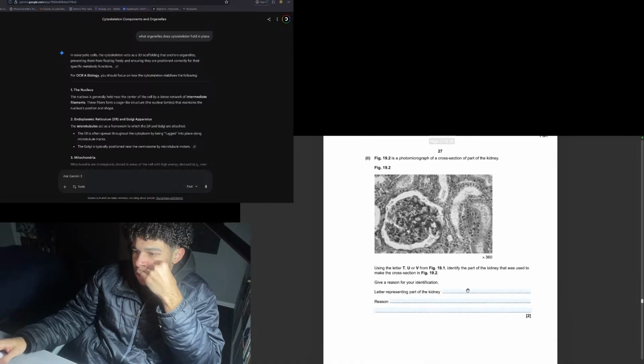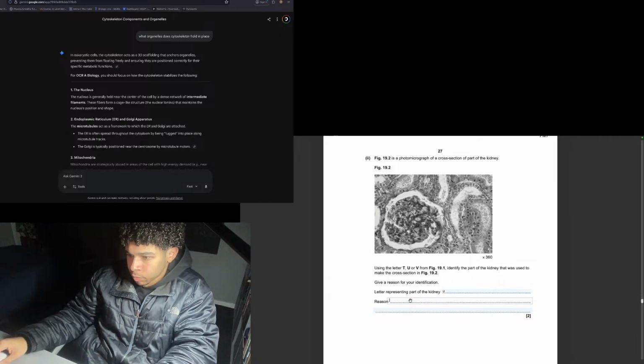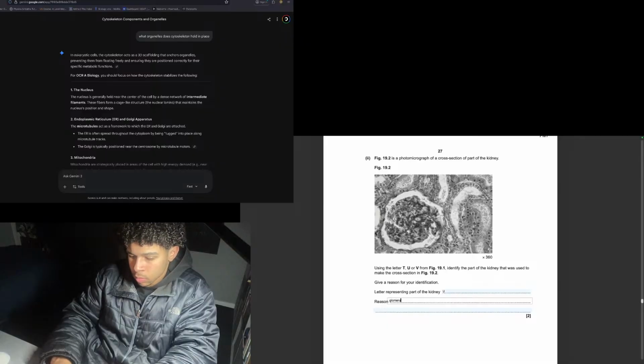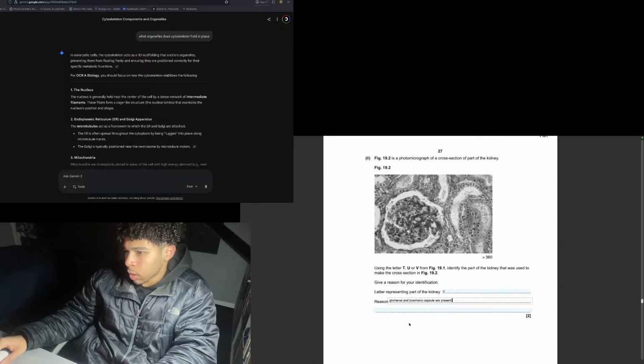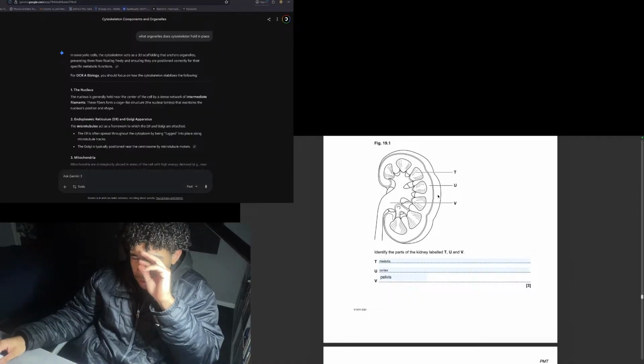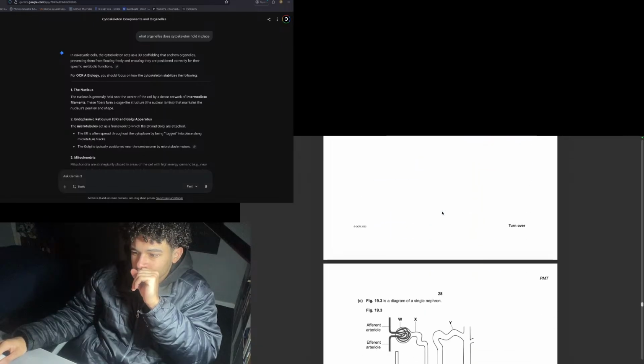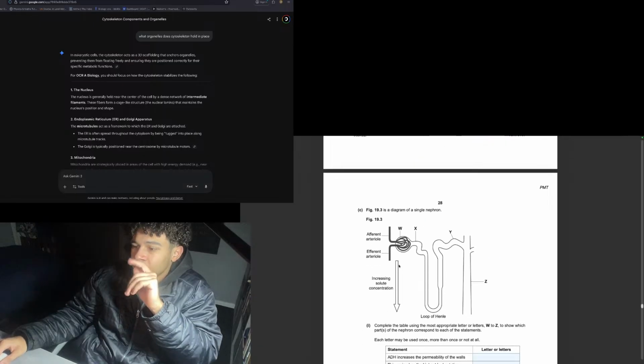I think it might be U. Because when it goes down the loop of Henle, it goes deep in the medulla. So I reckon it's happening in U. Yeah, see?